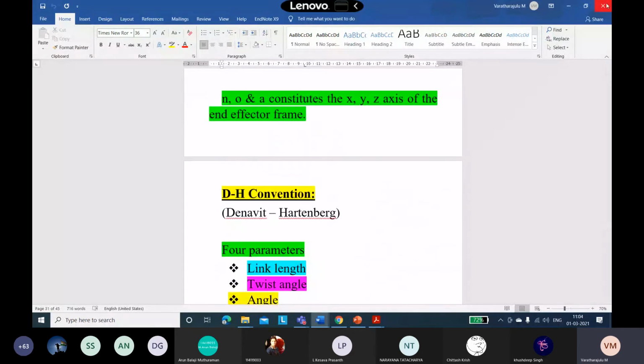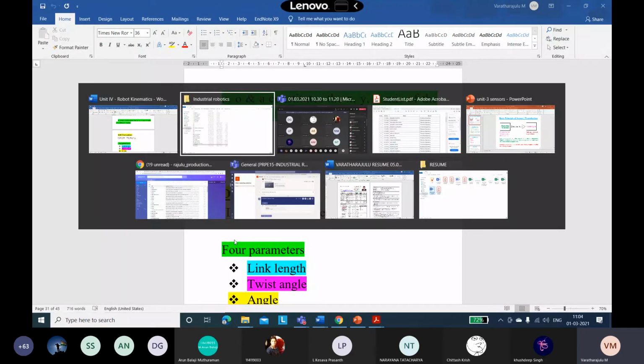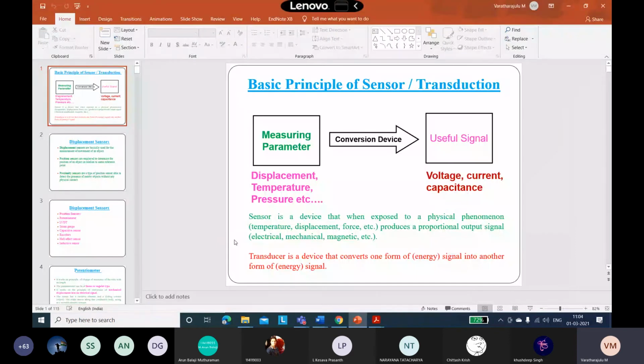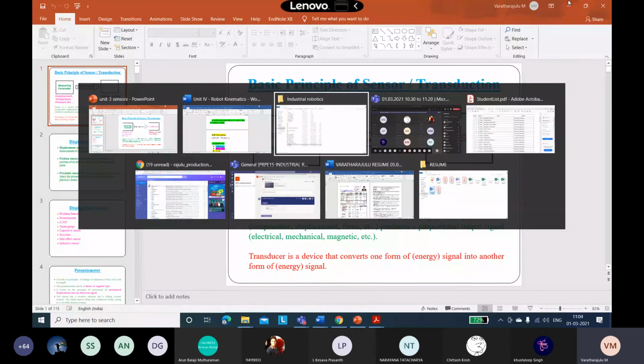Okay, we'll start with sensors and transducers. Before that, we'll watch one video related to sensors and transducers, and then we'll enter into the slides.